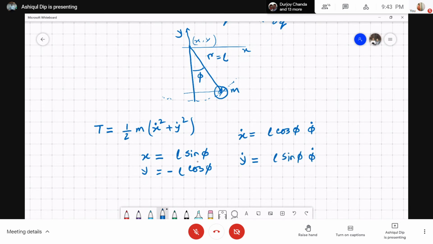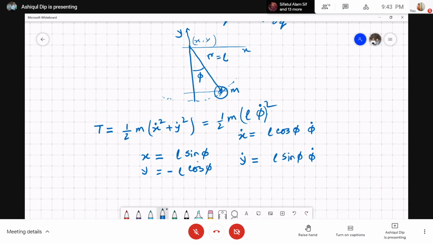If you square those and add them up, you get L squared phi dot squared, or L phi dot whole squared. Because it has cosine squared and sine squared, it just becomes 1. You're left with L squared and phi dot squared.